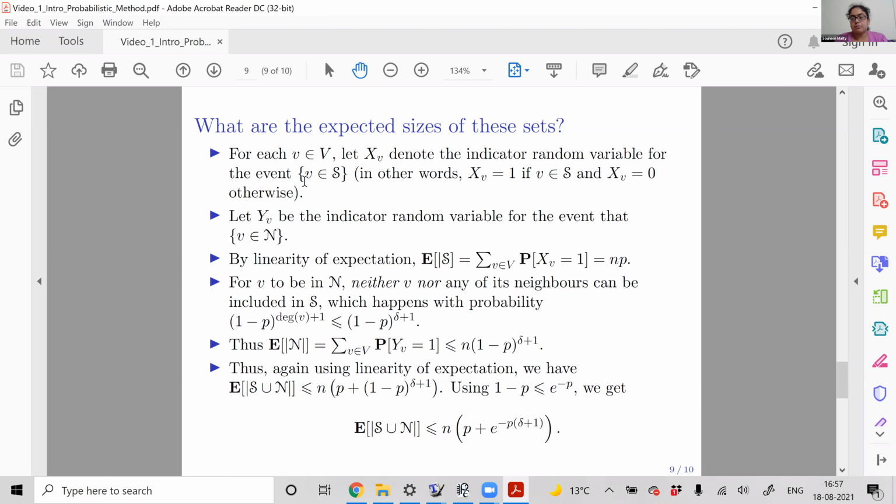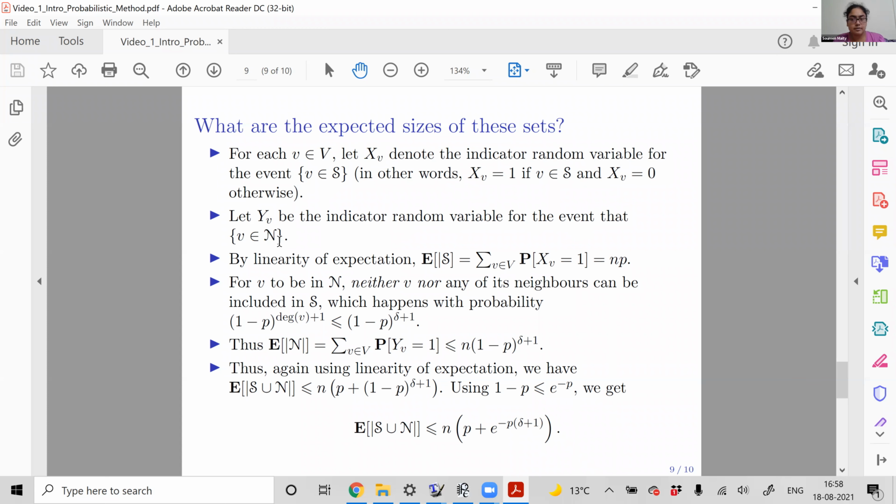Many of you are probably familiar with this term, but for those who are not, this simply means that I set x sub v to be equal to 1 if v belongs to S, and x sub v is equal to 0 if v does not belong to S. y sub v is another indicator random variable, for the event that v belongs to script N, which means you set it to be equal to 1 if v belongs to script N, and 0 if v does not belong to script N.